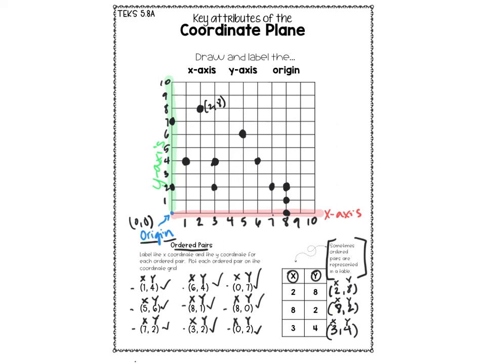All right, boys and girls, when you have a coordinate plane, I want you to label your points. So now that you have these points on here, go and label them.